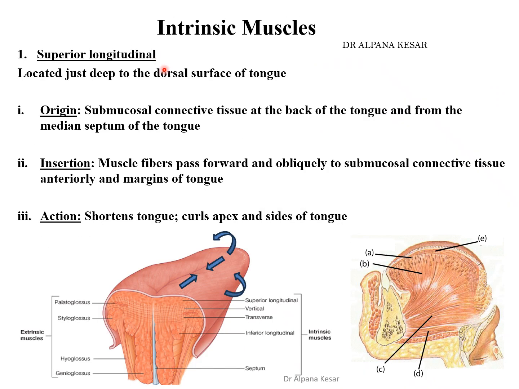Superior longitudinal muscle. Superior longitudinal muscle is this. It is present just deep to the dorsum of the tongue. Its origin is from the submucosal connective tissue at the back of the tongue and also from the median septum.